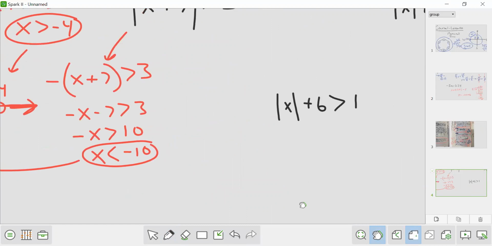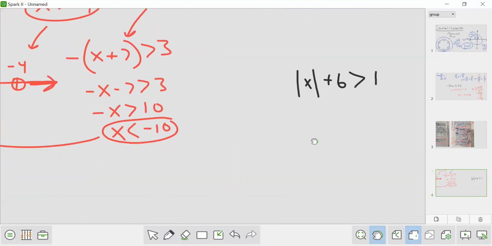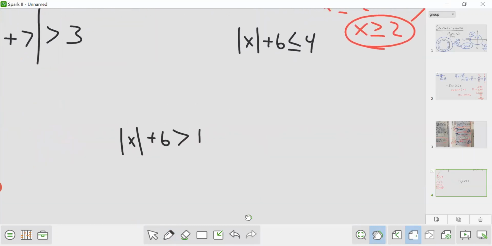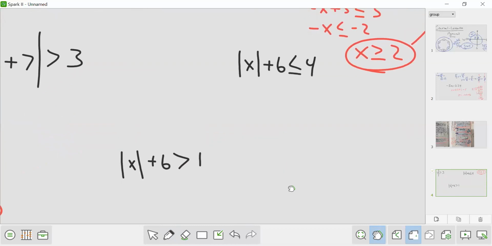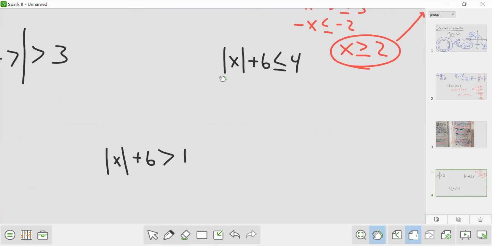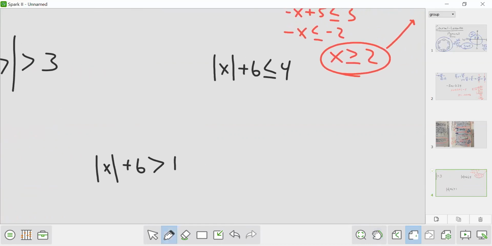There's one other scenario. There's a couple different scenarios that I want you to be aware of. And that's these two right here. Which don't seem that much different. That's this one right here. If I solve it, I normally would, I would have the absolute value of x is less than or equal to, so subtract 6 from each side, that would be a negative 2, right?